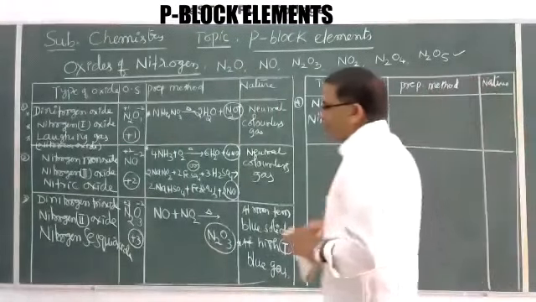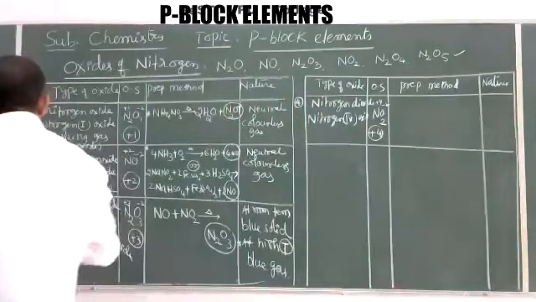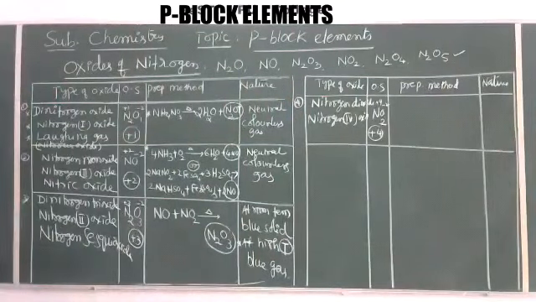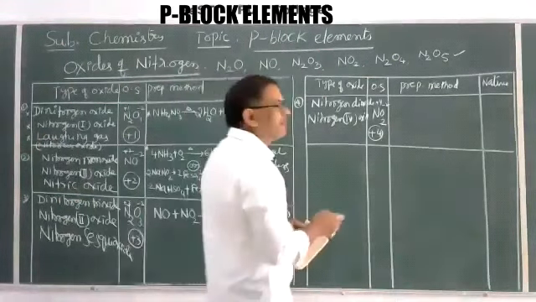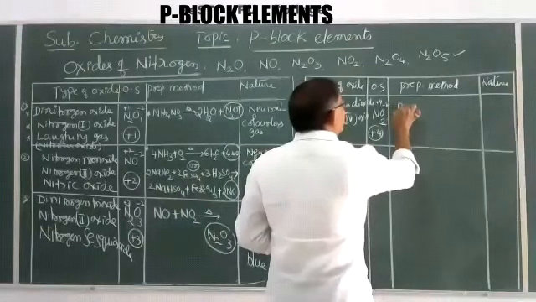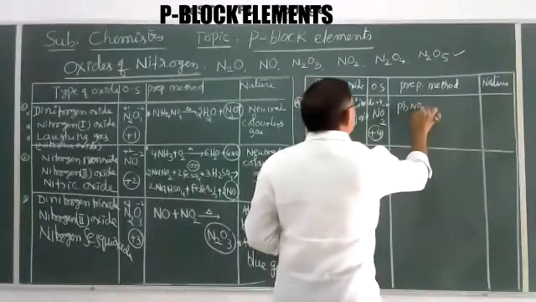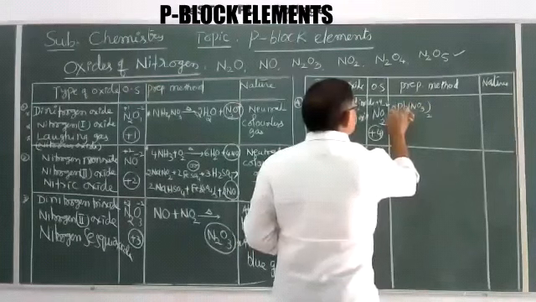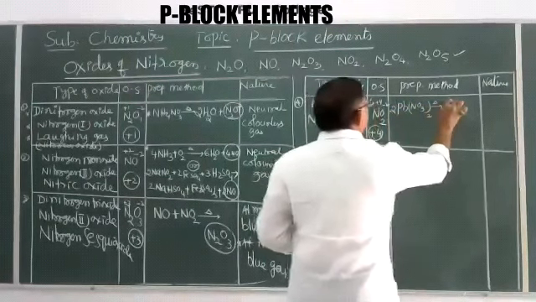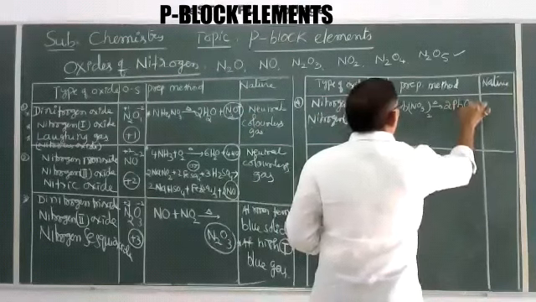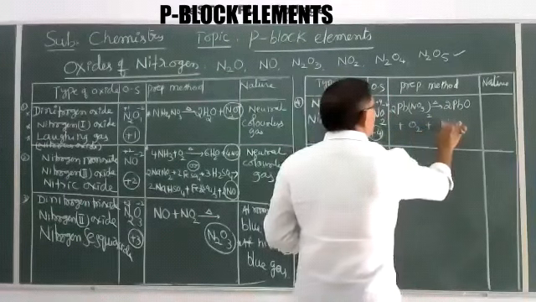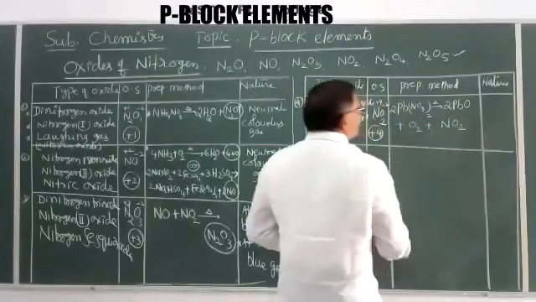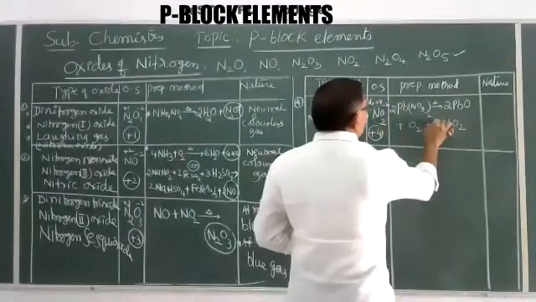Now the preparation method: for this nitrogen dioxide, we can take lead nitrate, Pb(NO3)2, 2 moles. On heating this, we'll get 2 PbO, lead monoxide, plus oxygen plus NO2 is formed. Here 4 NO2, balanced.